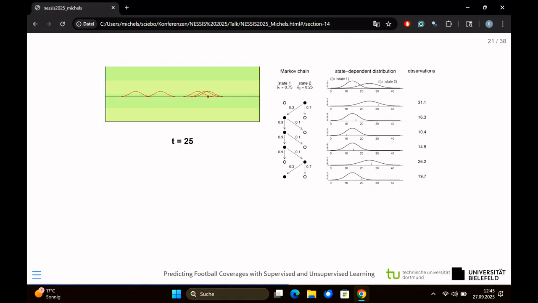And this is what happens here. And when we go even further, we can see that Marco Wilson is still trailing Nicole Hartman, and thus the state-dependent distribution is shifting from the right to the left. So this is the idea.